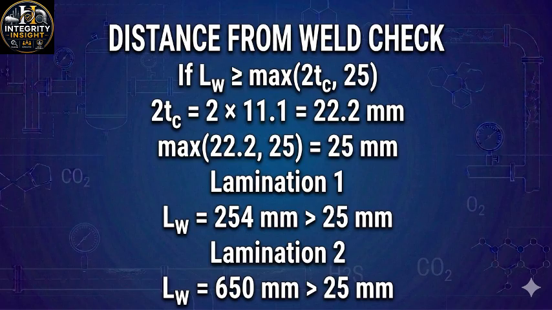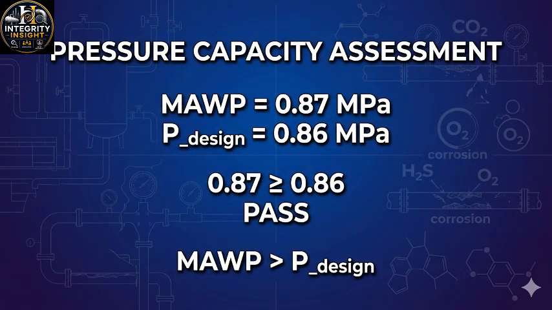Having satisfied the geometric and location requirements, we can now evaluate pressure retaining capability. This is often the most important step, because it directly addresses the vessel's ability to safely contain pressure. Using the effective thickness and vessel parameters, the calculated maximum allowable working pressure is approximately 0.87 megapascals.